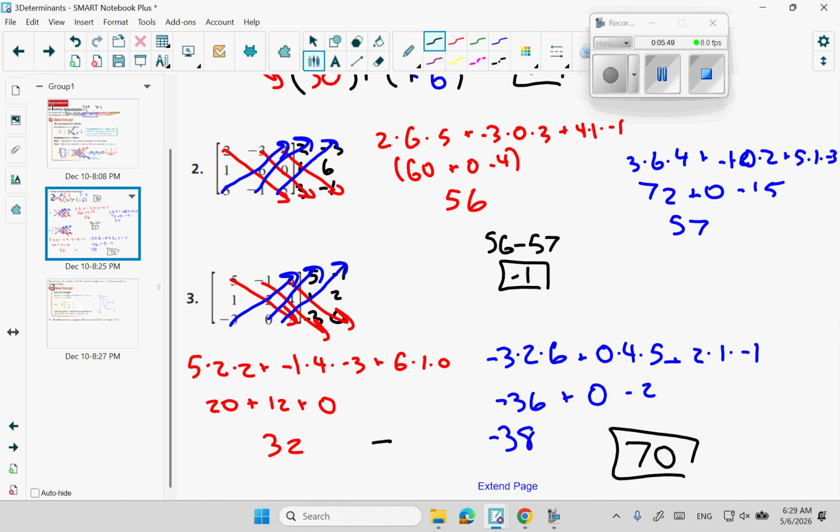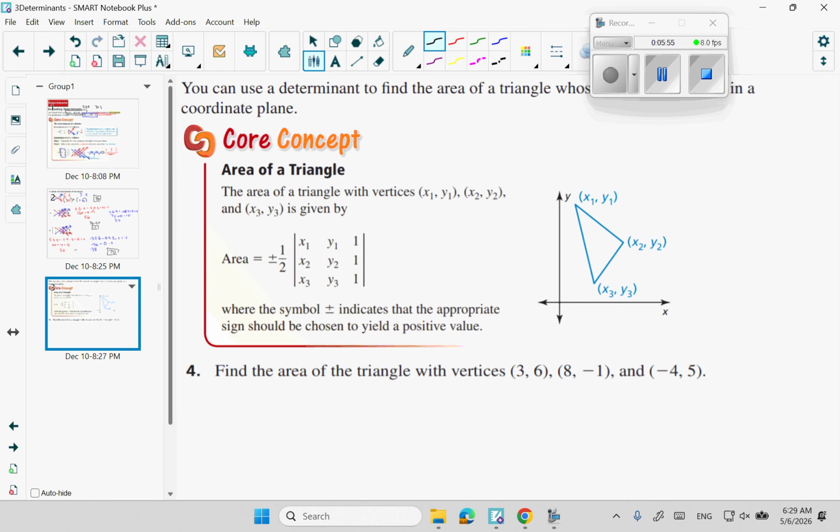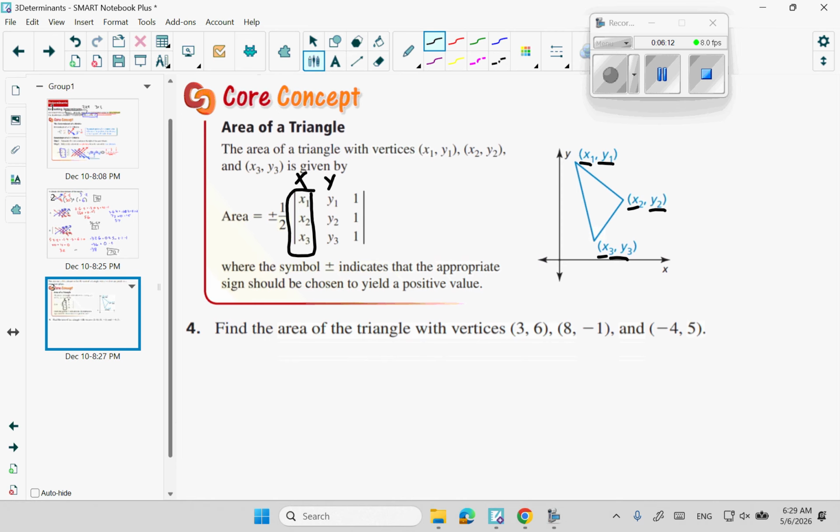One more thing: you can actually calculate the area of a triangle this way. If you have 3 coordinates, and you line up all the x coordinates in the first column, all the y coordinates in the second column, and then put ones in the last one, and then multiply by half, because triangle, half times base times height, you can do it.